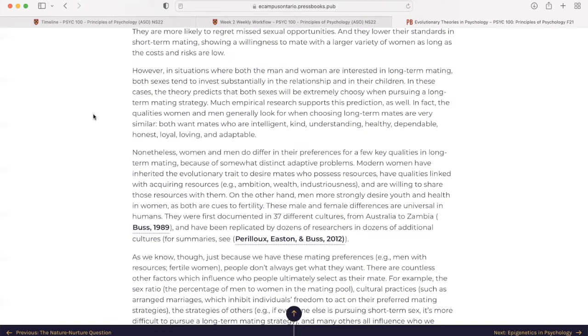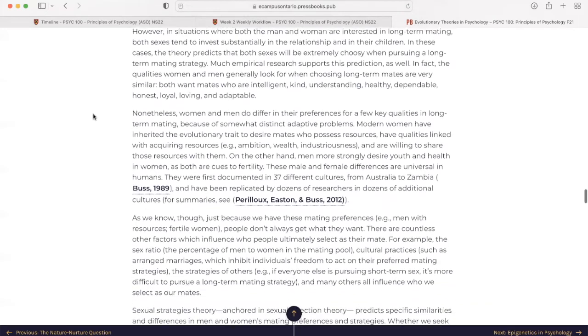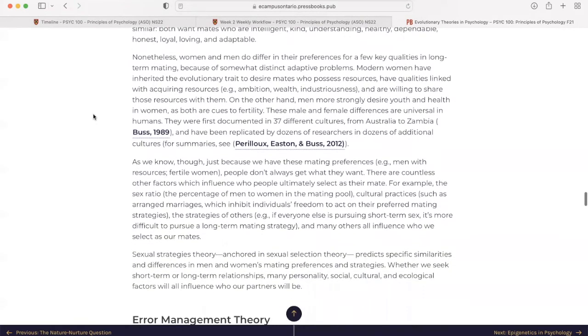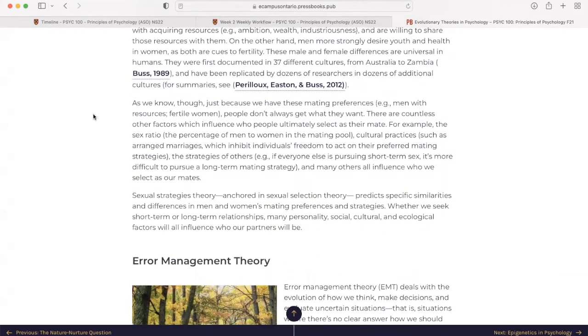On the other hand, men more strongly desire youth and health in women, as both are cues to fertility. These male and female differences are universal in humans. They were first documented in 37 different cultures from Australia to Zambia and have been replicated by dozens of researchers in dozens of additional cultures.